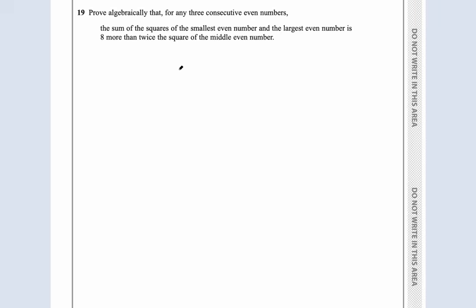So for three consecutive even numbers, I'm going to let 2n be an even number, add 2 to get the next even number, 2n plus 2, and add 4 to get the third one, 2n plus 4.